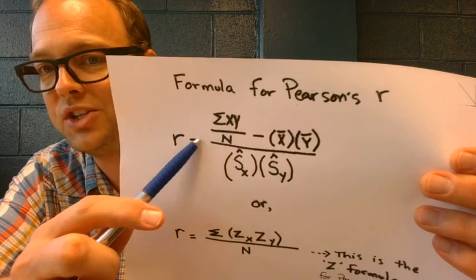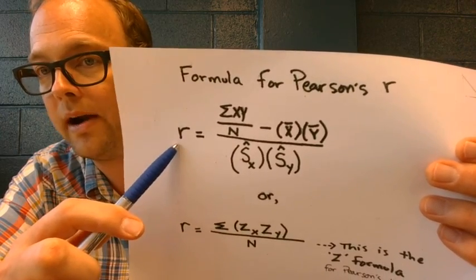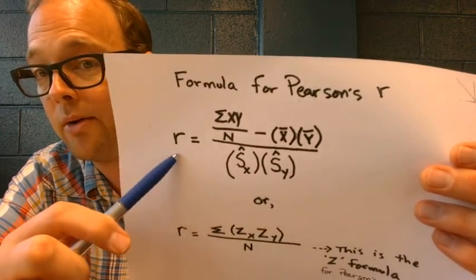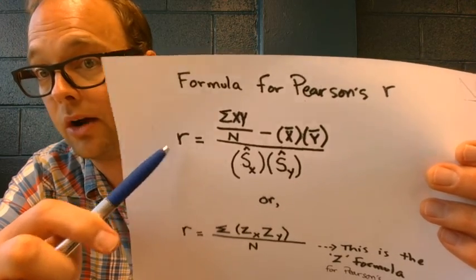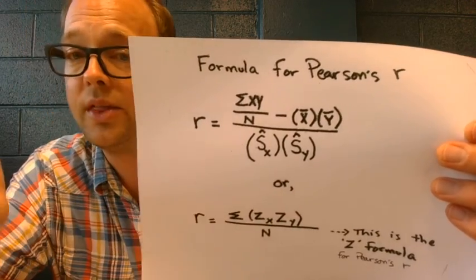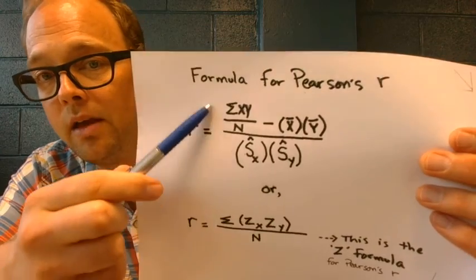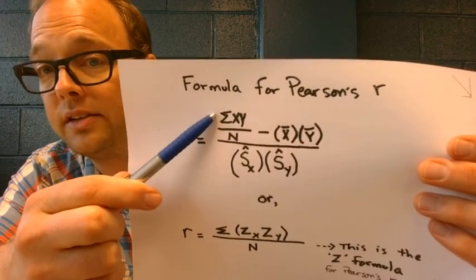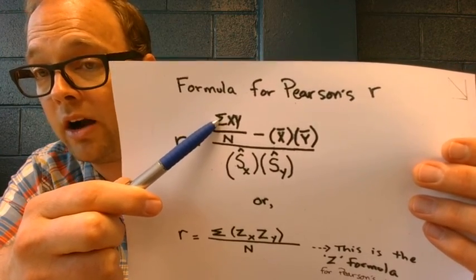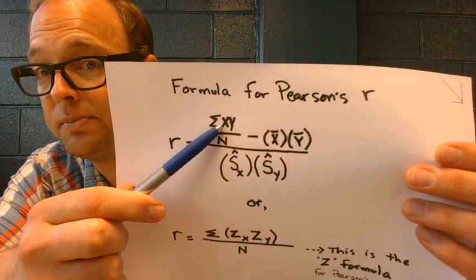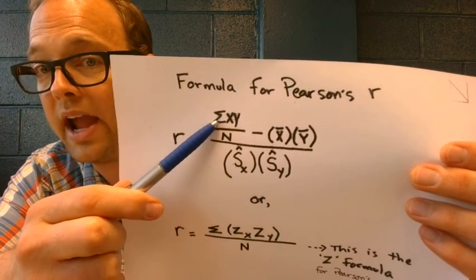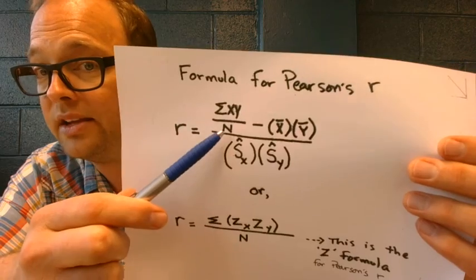So n is simply the number of cases, the number of things or people that provided us with information, equals r. And that's what we're going to end up with, r. And remember, lowercase r, not uppercase R. So this symbol is telling us to first find the summative product of all our x's and y's together: multiply each x times its corresponding y, add all those products together, and divide by n.